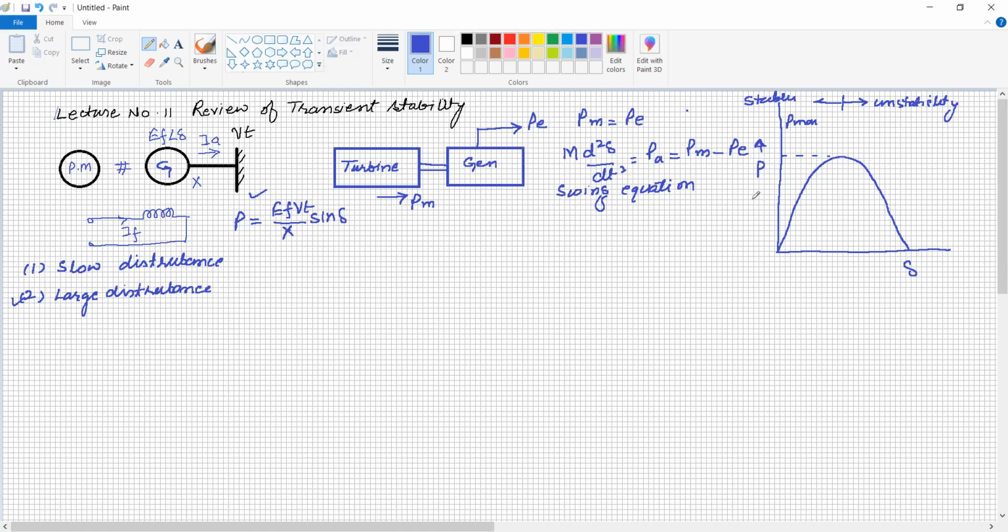Say for example, the system is operating at this point where mechanical input and electrical output are the same. Here this is the mechanical input, and here is the electrical output. PE is the electrical power under the angle delta 0, so this is the initial angle.